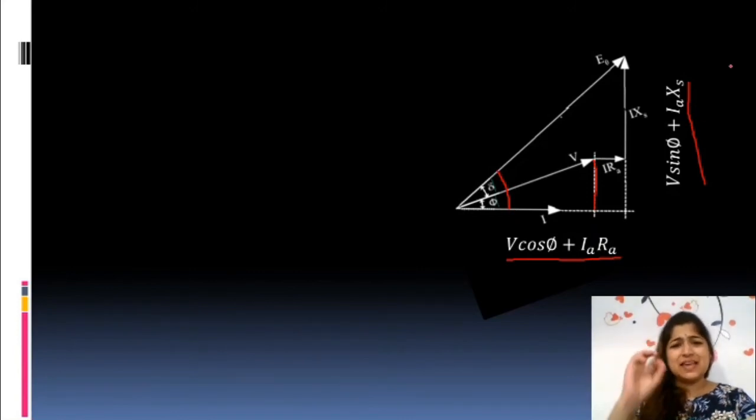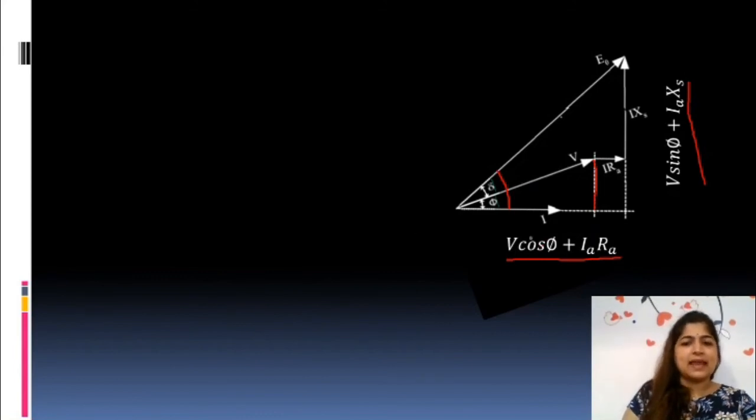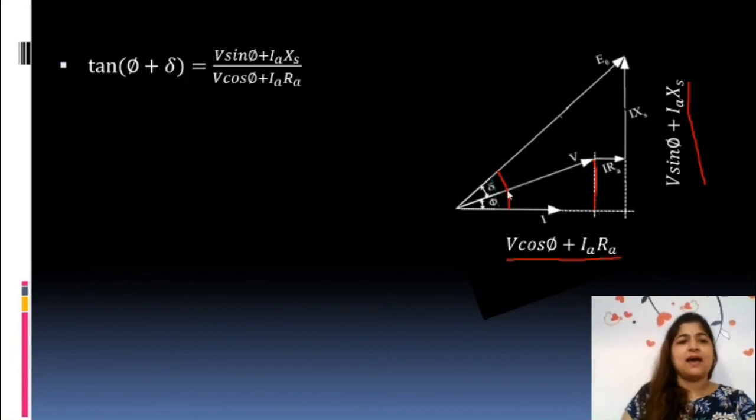So if I have both the sides, V cos phi plus IARA and V sin phi plus IAXS, it is the same thing which we also put in the EMF equation to find out the value of EMF. क्योंकि EMF हम कैसे निकालते हैं? Root of this square plus this square. सेम है, ये आपके यहाँ पे sides हैं. So can I find out the tan of this complete phi plus delta?